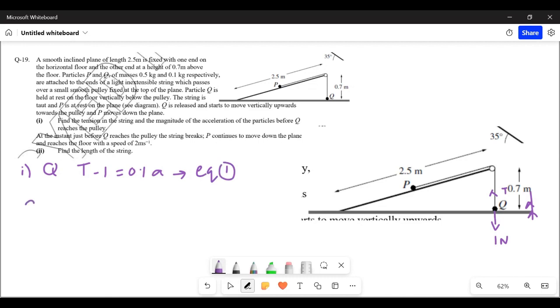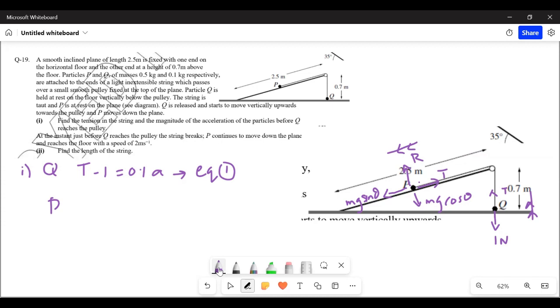Okay. Then at P, we have a forward force. Since P is going downwards, there's a forward force which is going to be the weight component mg sine theta. Then there's mg cos theta here. There's R here, and then there's T here. There is no friction mentioned in the question, so we don't use the mu R component of friction.